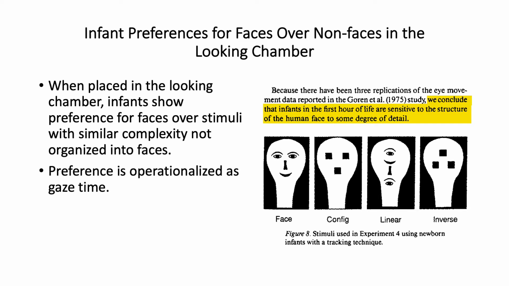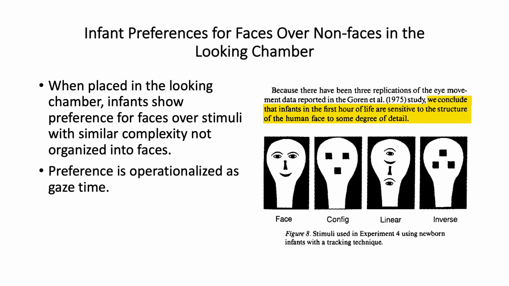So that's why if you take them near mini blinds or something like that, that'll catch their attention. It's thought that that's an indication that for survival purposes, patterned stimuli are more important than random stimuli in the environment. So the next question was, do they have any kind of predisposition for faces over non-faces?